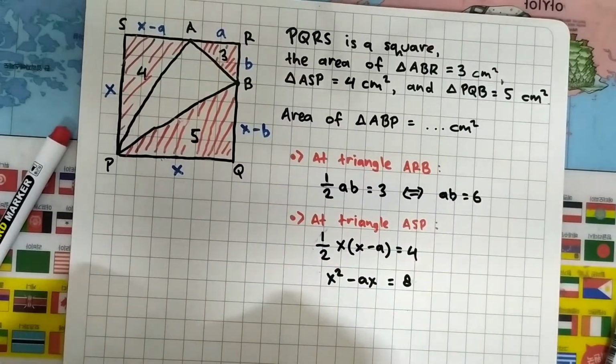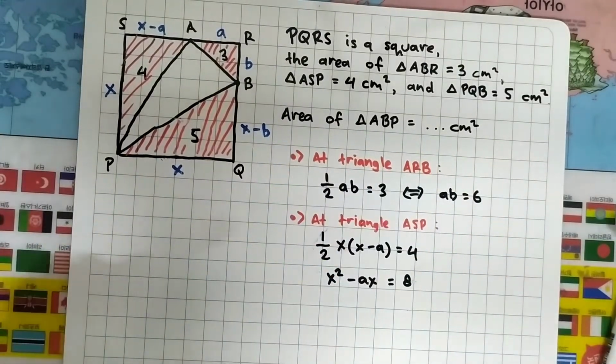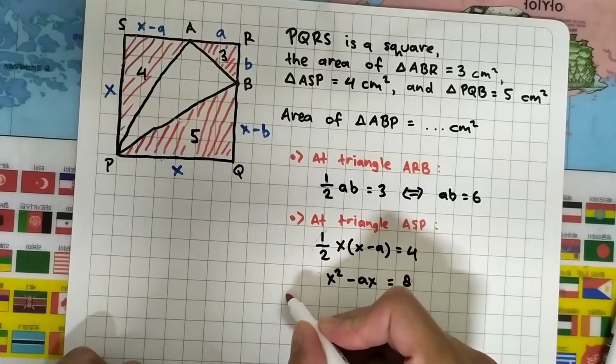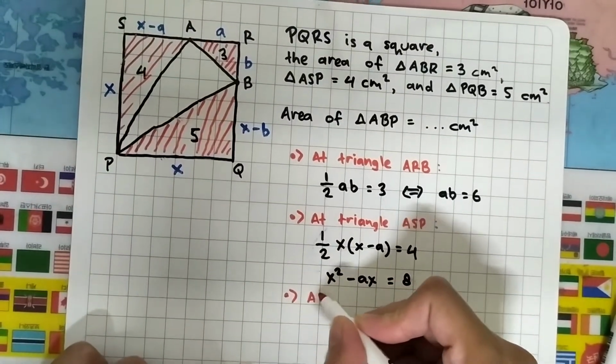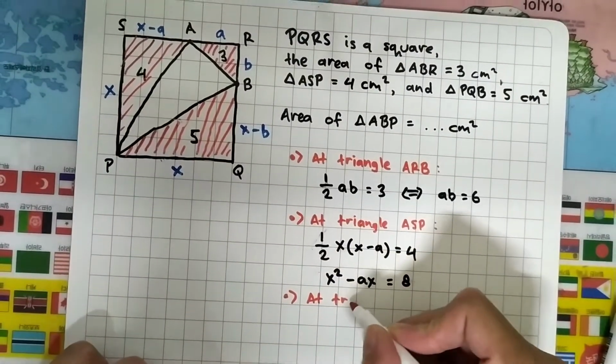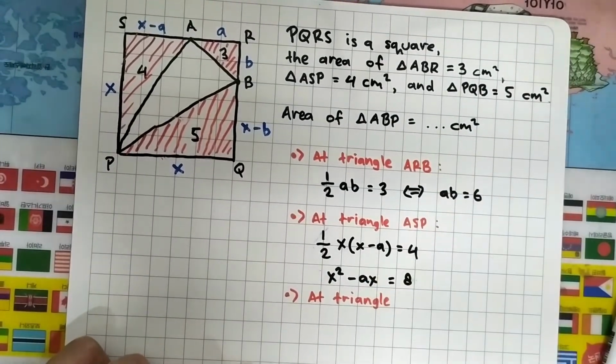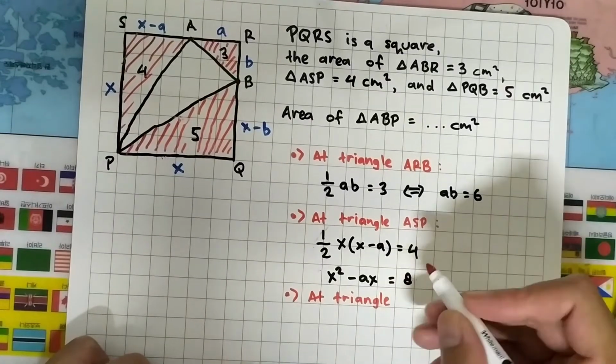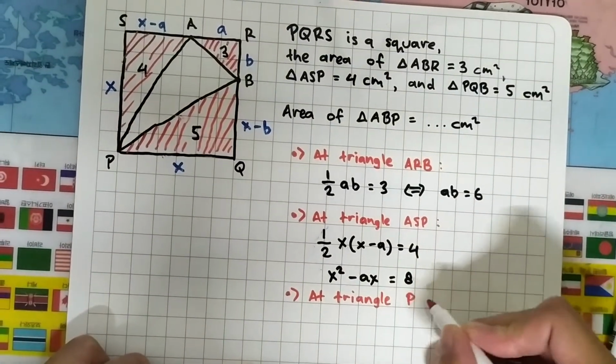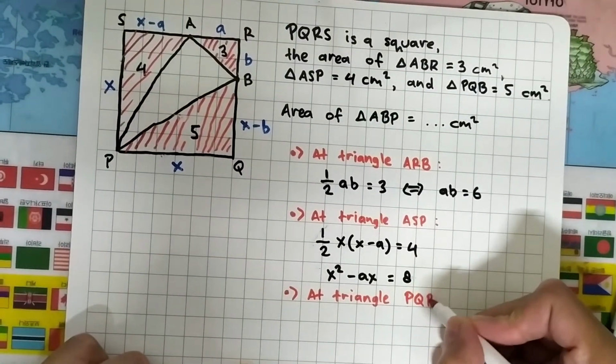And let's move on to the last triangle that we know. We have triangle PQB.